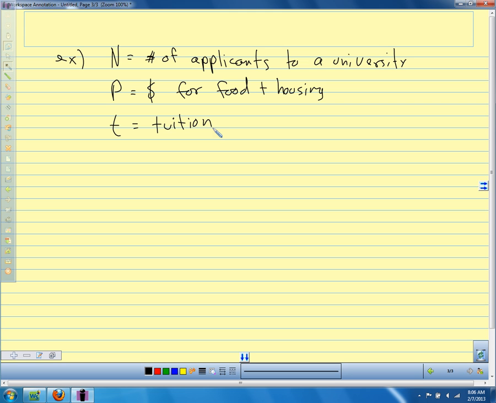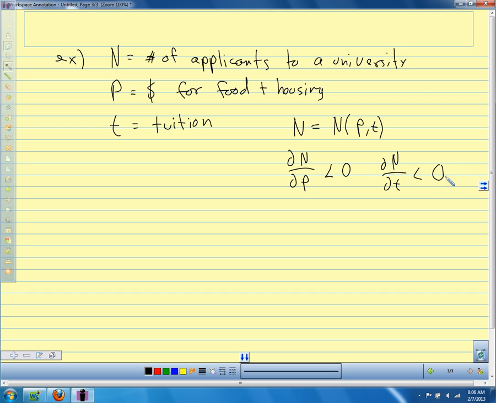So we're going to say that n is a function of P and T. So n equals some function of P and T. And we know for this function that the partial of n with respect to P is less than 0, and the partial of n with respect to tuition is less than 0.